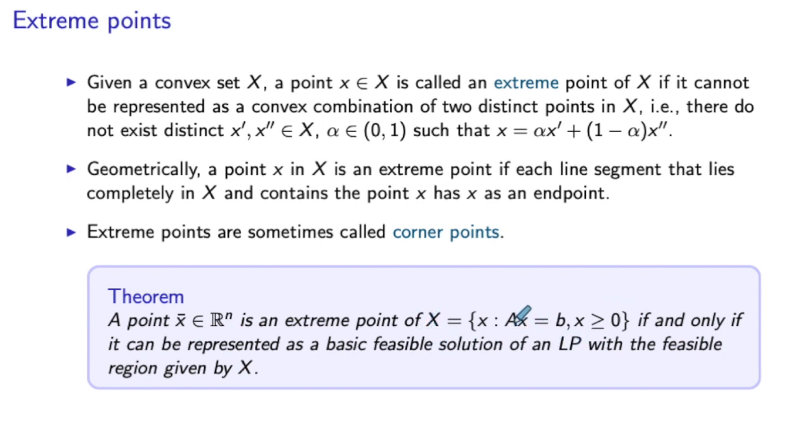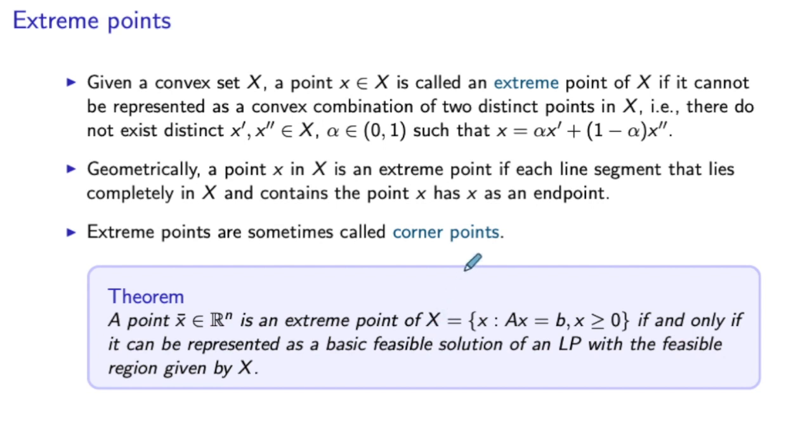So we have the constraints written in a standard form, AX is equal to B, and then X is greater than or equal to 0. So you'll have X bar as an extreme point of this set if and only if it can be represented as a basic feasible solution of a linear program with the feasible set given by this set X.